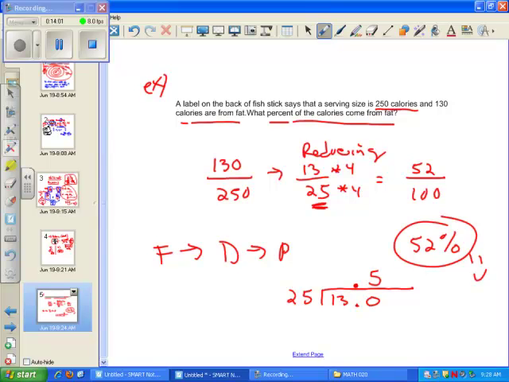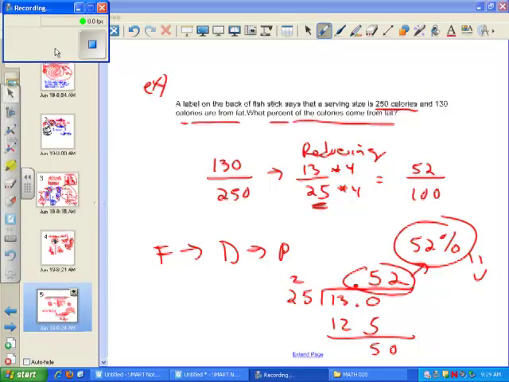I know a lot of people get rusty with good old-fashioned division. 5 times 5 is 25. Okay, and look for the remainder, and there you go. So how do you move from 0.52 to 52%? Like you said, you could multiply by 100, or some people say you're just going to slide that decimal 2 to the right, and you'll arrive at 52%. So there's lots of ways to get there.